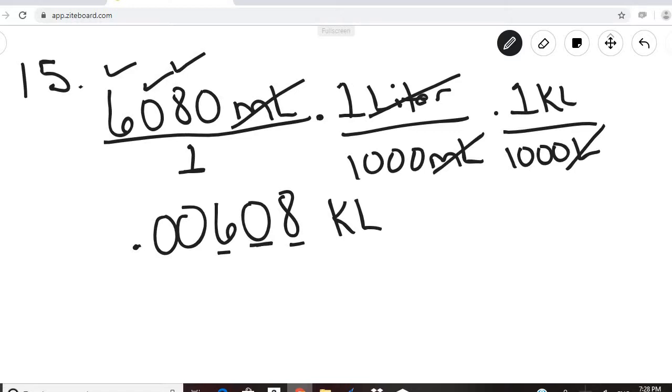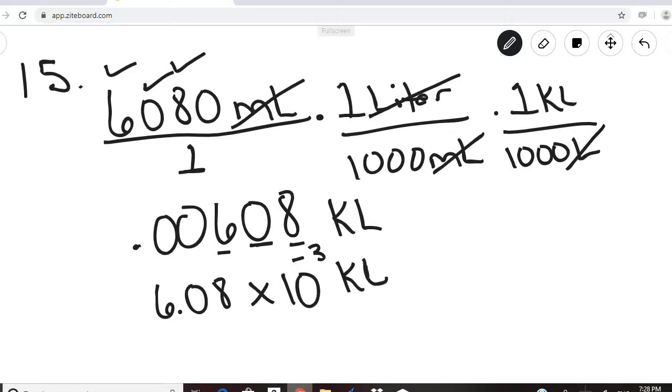And this 0 is significant because it's between two significant figures. If you wanted to, you could also express this as 6.08 times 10 to the -3 kiloliters. Either answer is fine.